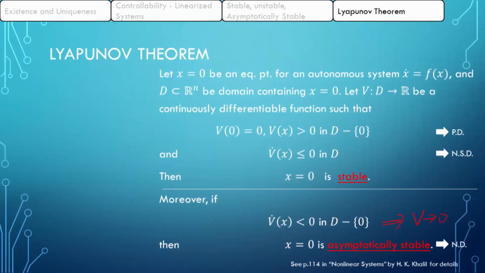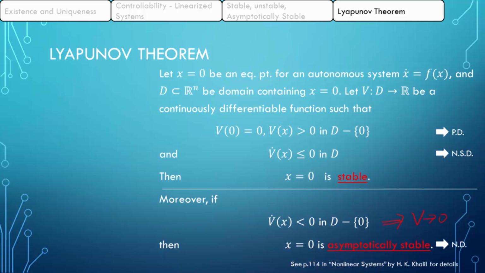And in this case, if you can find this V and you know the time derivative of V is negative, meaning the V value always decreases, then your x at 0 is stable. So in this case it's stable because V dot is negative.